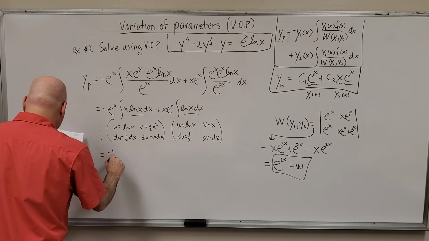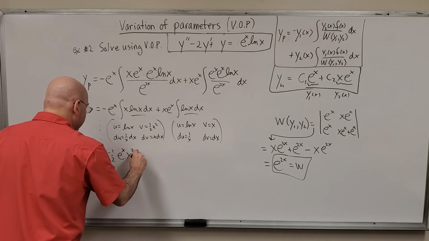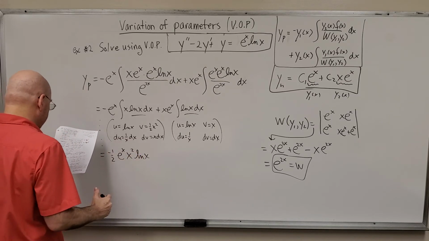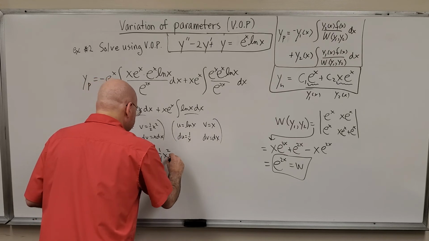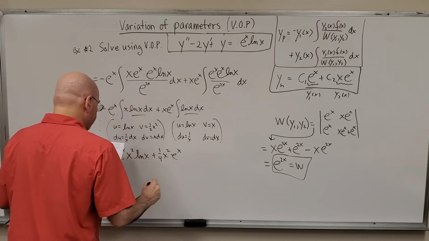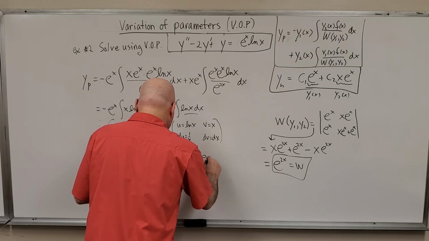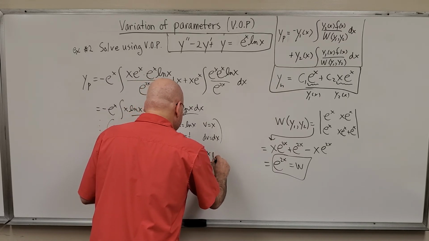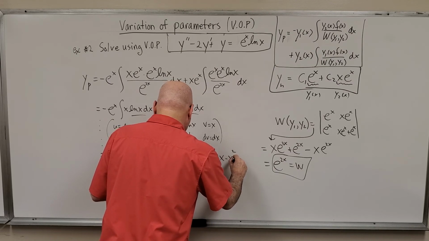So after you do all the integration by parts, you get this: negative 1/2 e to the x, x squared ln x, plus 1/4 x squared e to the x, plus x squared e to the x ln x, minus x squared e to the x.